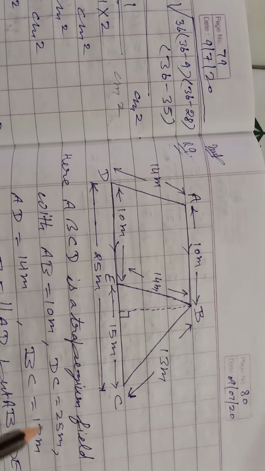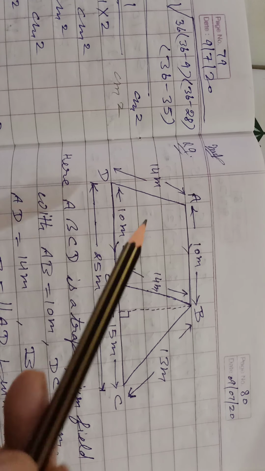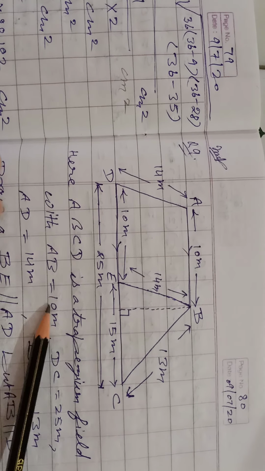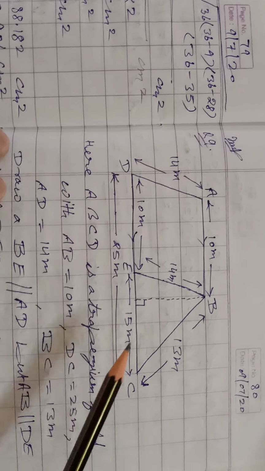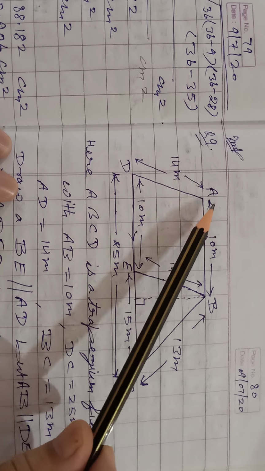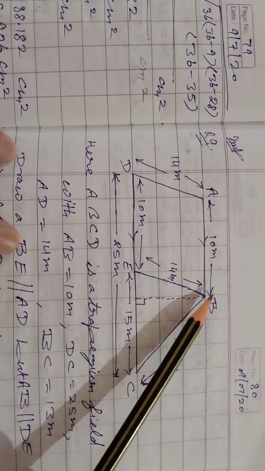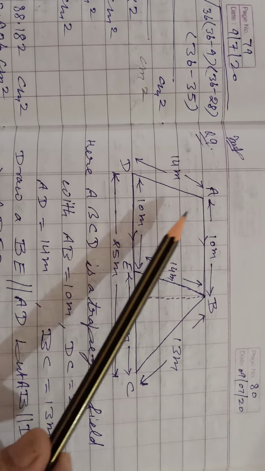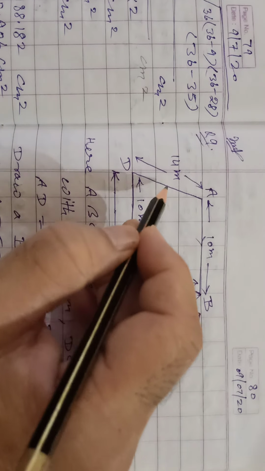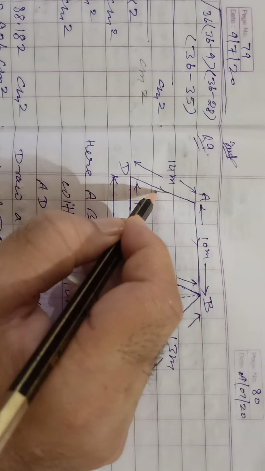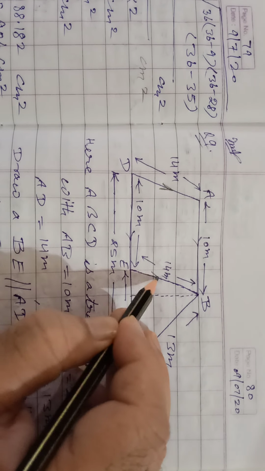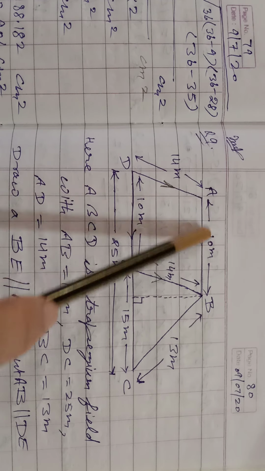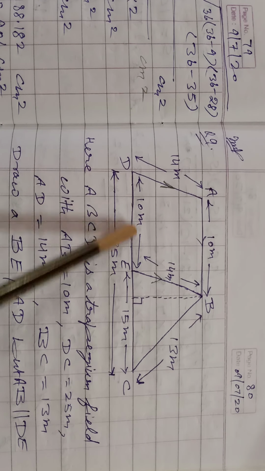Let ABCD be a trapezium field with AB equal to 10 meter, DC equal to 25 meter, AD equal to 14 meter, BC equal to 13 meter. Draw BE parallel to AD, and AB parallel to DE.